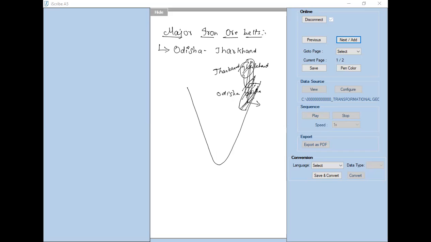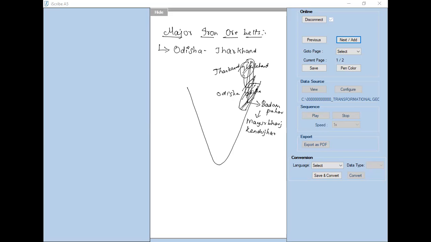In Odisha, what are the regions where we have iron ore? In Odisha, we have hematite ore in the Badam Bahar mines. What are the districts? We have two districts, Mayurbhanj and Keonjhar.